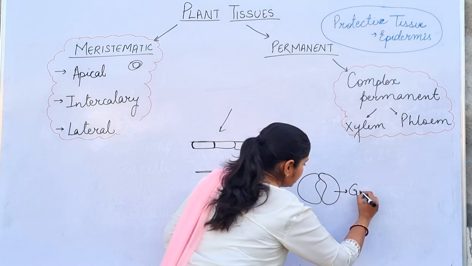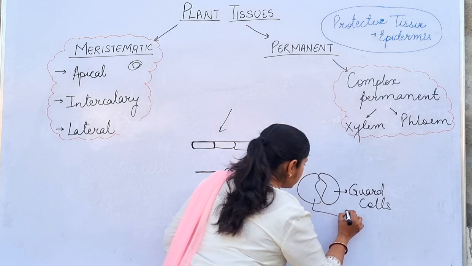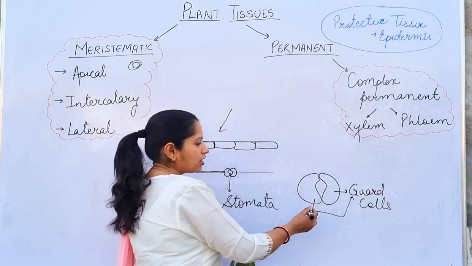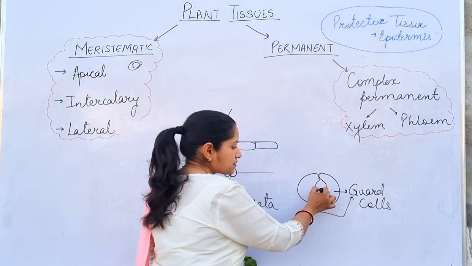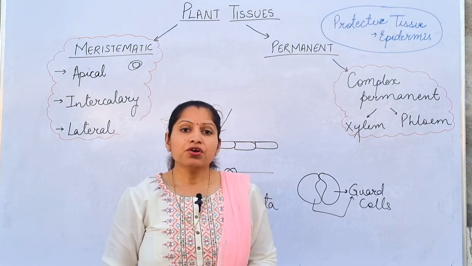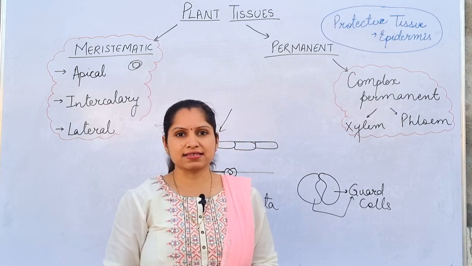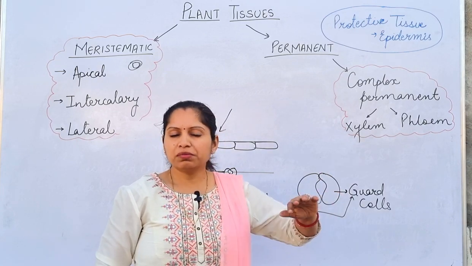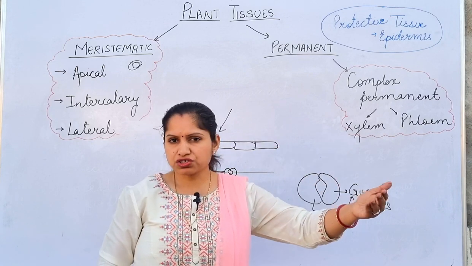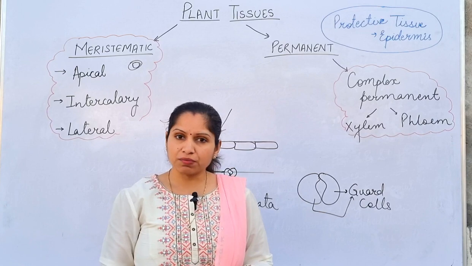These kidney-shaped cells are known as guard cells. These two guard cells are there, and between these two guard cells there is a pore, a space, and that space is known as stomata. Stomata is required for the exchange of gases by the plants. So the plant needs to exchange oxygen and carbon dioxide with the atmosphere, and that is done through the stomata.